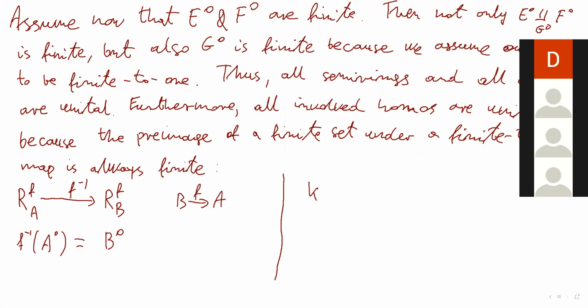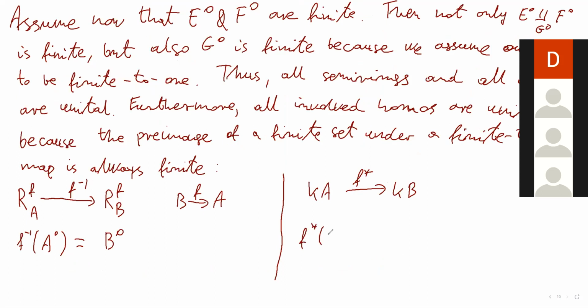Okay, so now we have a map from the path algebra Ka to the path algebra Kb. And this is the pullback map, F star. And well, the argument is we did it in our lemma.